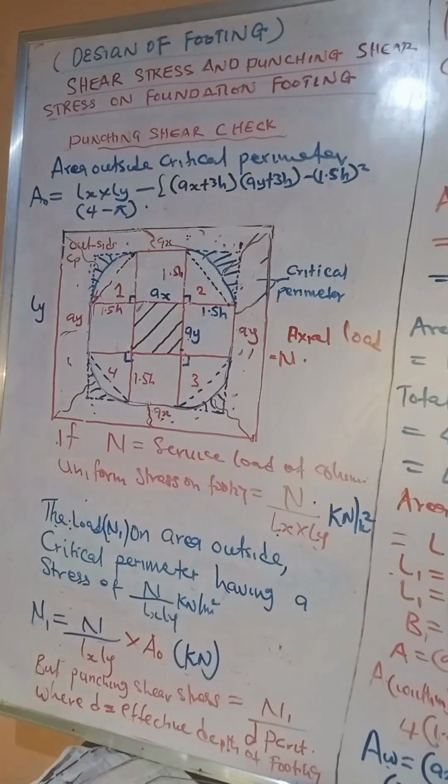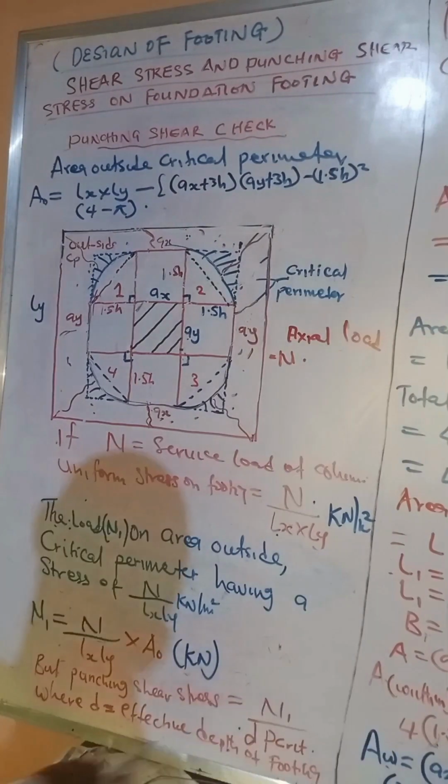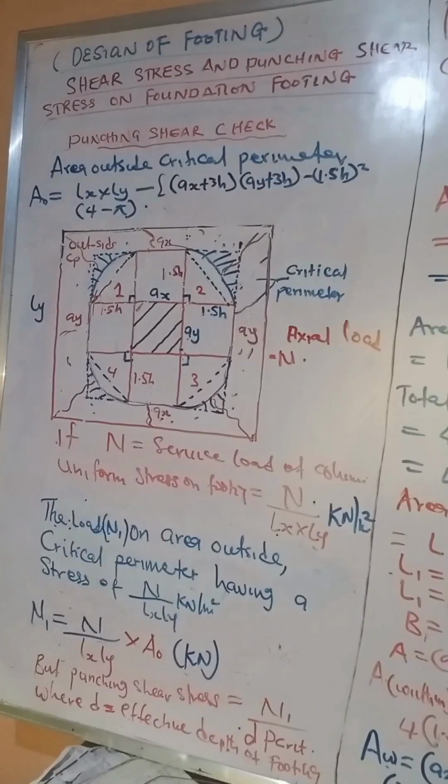Now that we have the load outside the critical perimeter, we can calculate our punching shear. The punching shear stress becomes the load outside the critical perimeter divided by the effective depth D multiplied by the critical perimeter itself. So that gives us the punching shear stress.